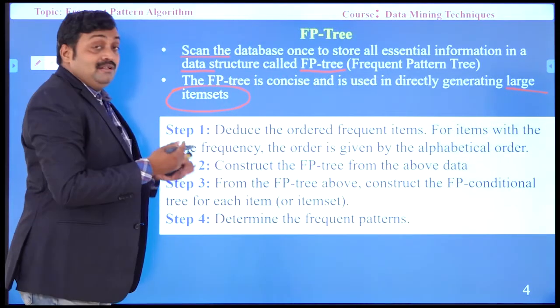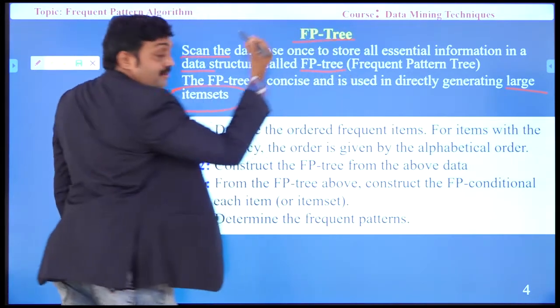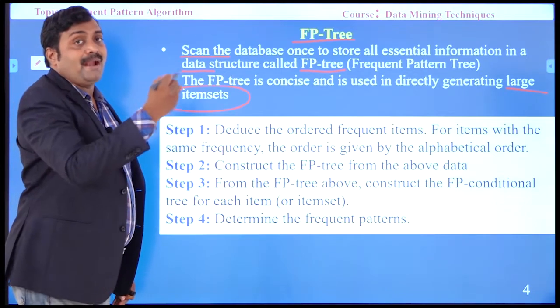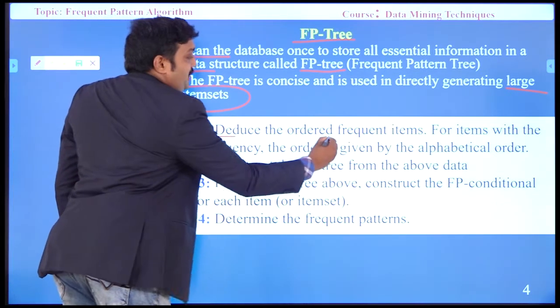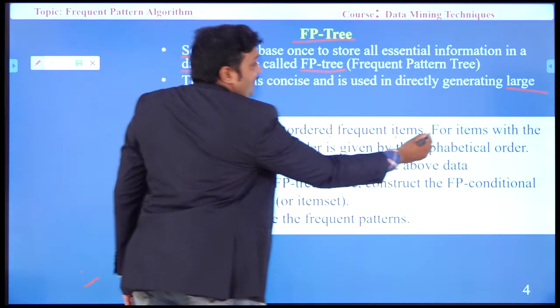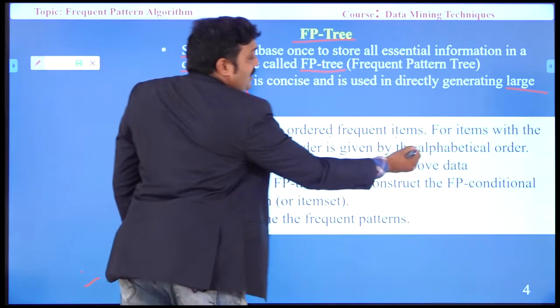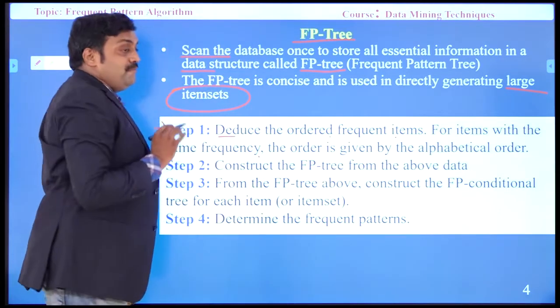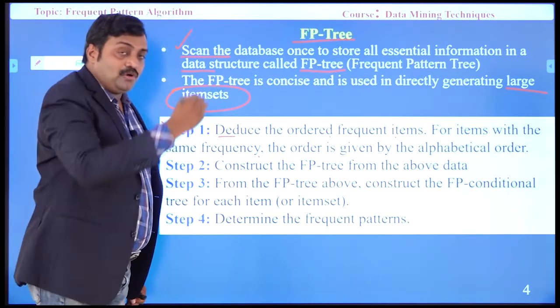So what is a frequent pattern tree? FP, frequent pattern. Step 1 is to reduce, ordering the frequent items, and for items with the same frequency the order is given by alphabetical order. That means we do the scanning once and identify the support count.